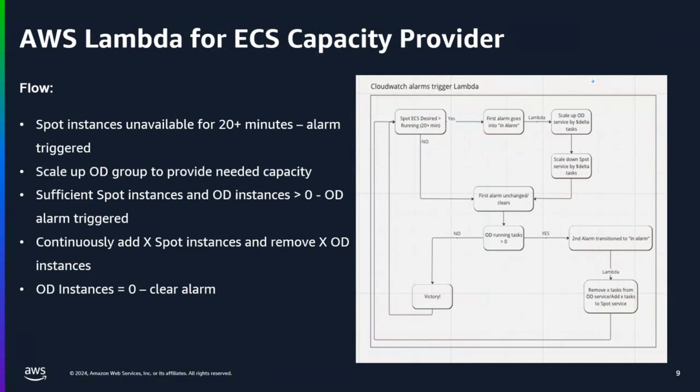At least it did the seamless transition. And then once Spot capacity is back, it will gradually take down the delta from the on-demand, start building up on the Spot again, and finally the alarm will clear when the on-demand instance count is set back to 0. That means my Spot is again back in the production environment.